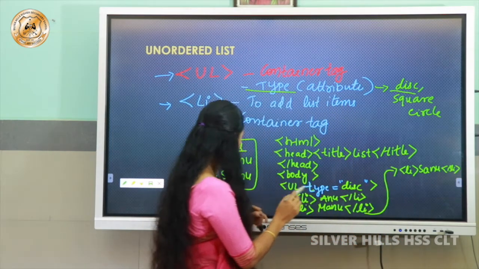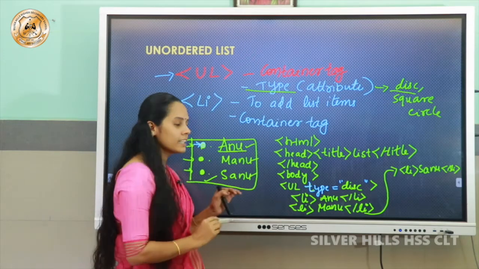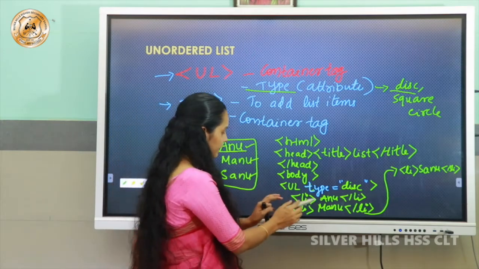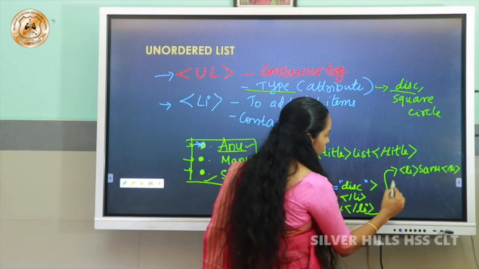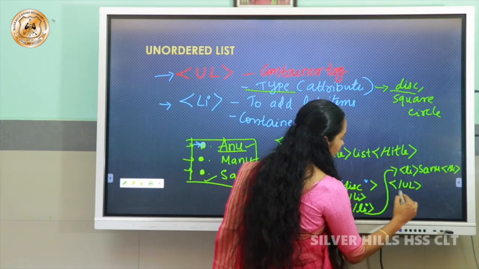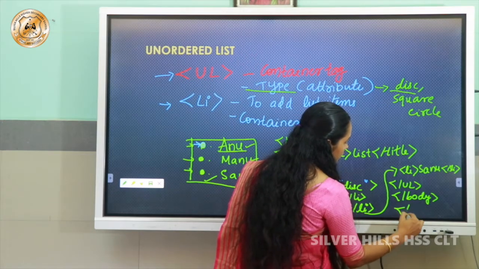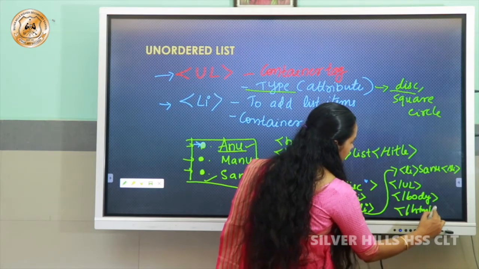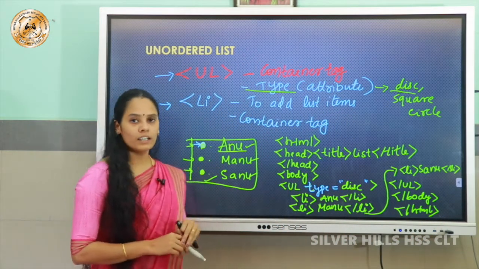Now we have completed all the 3 elements. We have added these 3 elements, and then after adding that, you have completed the list, and then you have to close which one? UL tag. So close UL tag, and then close body tag, and then close HTML tag. So this is the way to create this unordered list.